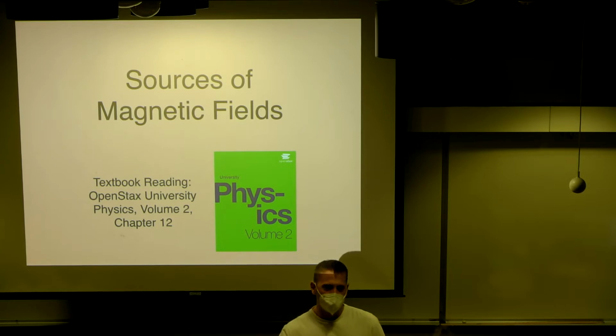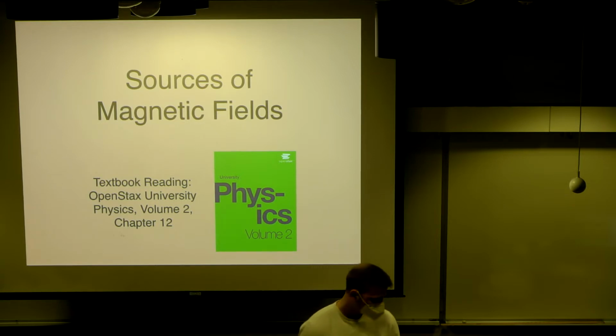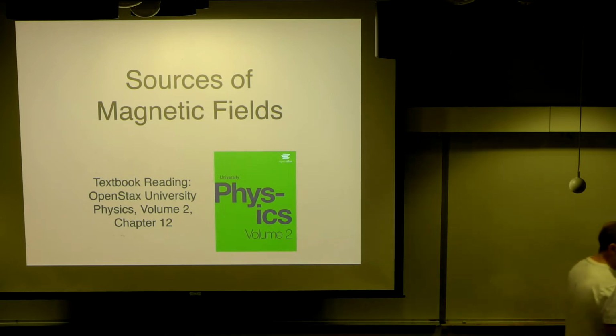But we haven't yet really discussed where the magnetic fields come from in the first place. That's what this chapter is all about. Understanding the origin of magnetic fields and also how to calculate a magnetic field based on currents. Okay, so that's what we'll get into here.